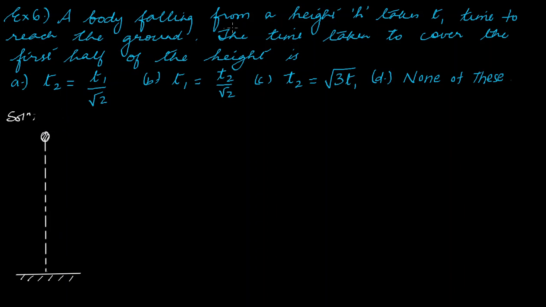So it says a body falling from a height h. Again I have to draw from here till the ground. That height is h.